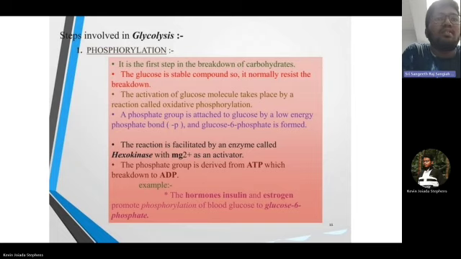The phosphate group is attached to the glucose by a low energy phosphate bond, and glucose 6-phosphate is formed. The reaction is facilitated by the enzyme called hexokinase with Mg2+ as an activator. The phosphate group is derived from ATP, which breaks down to ADP.